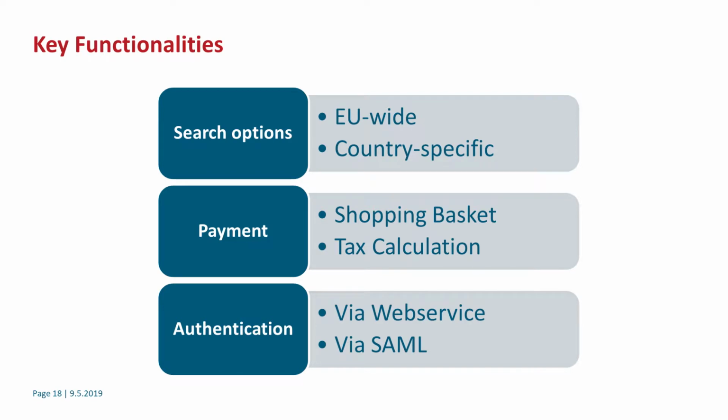The second key functionality is payment. I would think that in most of the member states, there are at least some documents which are not free of charge, which are only provided to the users after paying a certain amount. So of course the central land register search also has to deal with this issue.